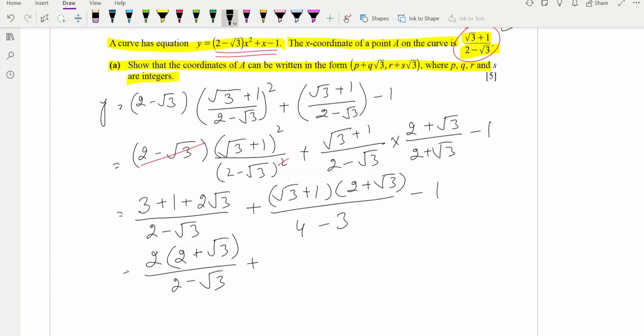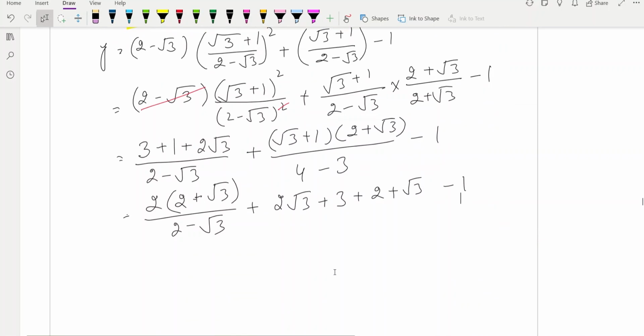We can multiply this, so it will be 2√3 and plus √3 into √3 will be 3, plus this will be 1 times 2 will be 2, and plus this will be √3 and minus 1. So now further we can simplify, and this will be what?